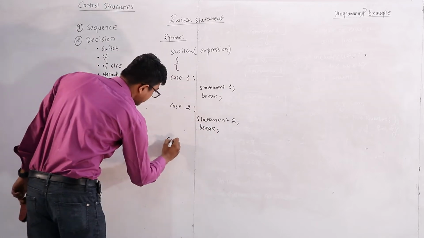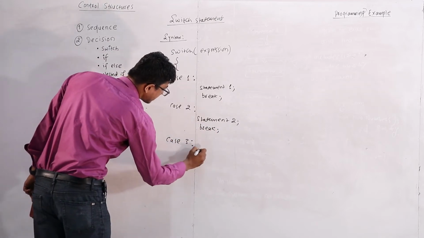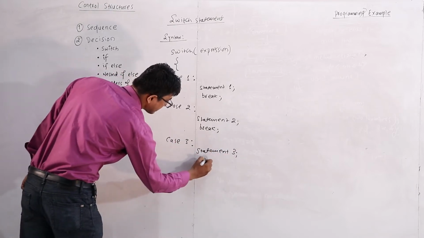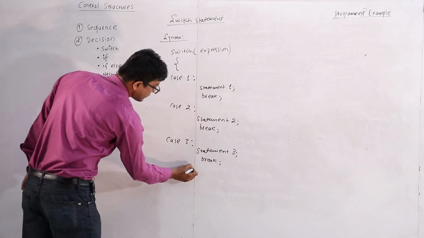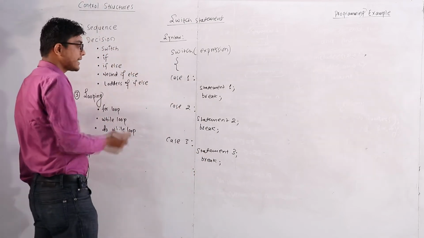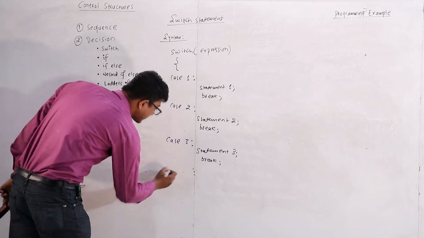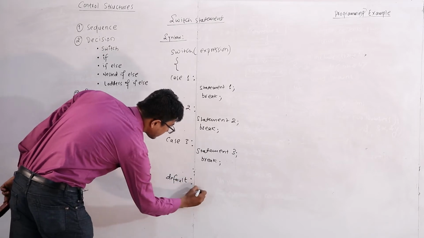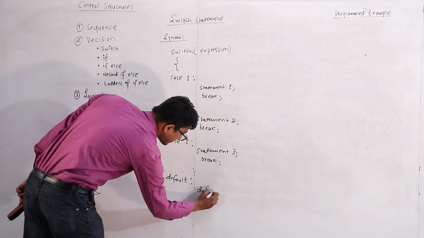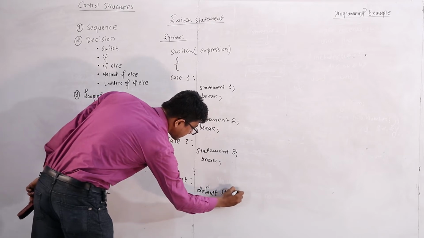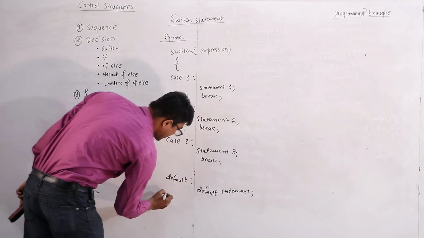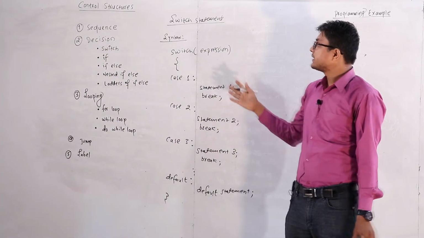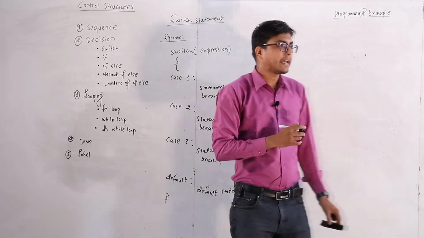Break. Statement 3. Break. And so on. There can be a number of cases. At last, default statement. So let's explain this switch statement with the help of a flowchart.